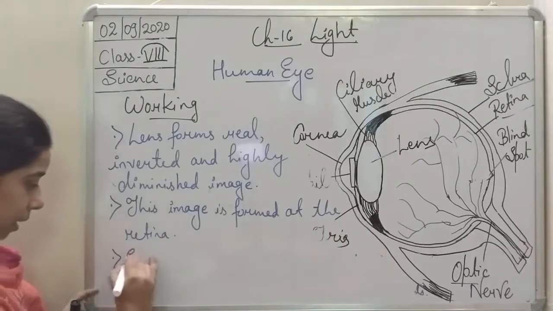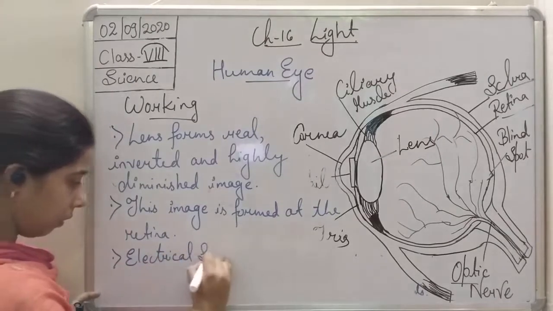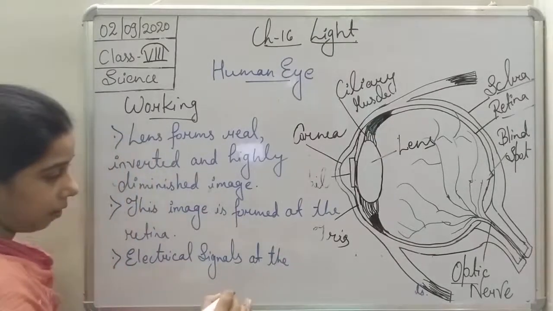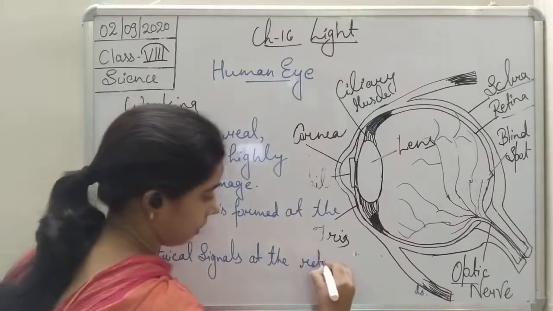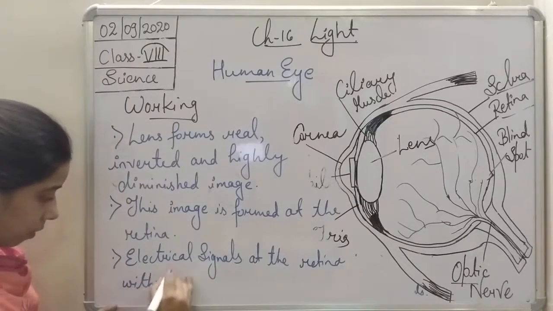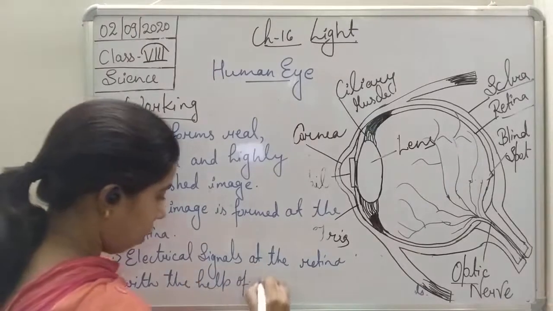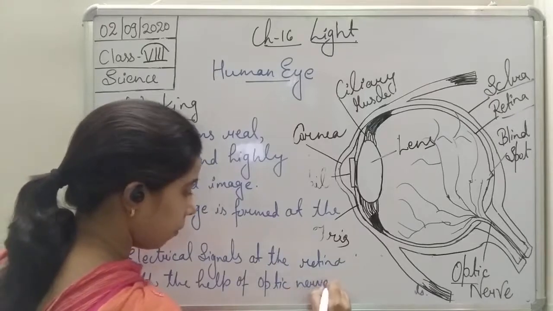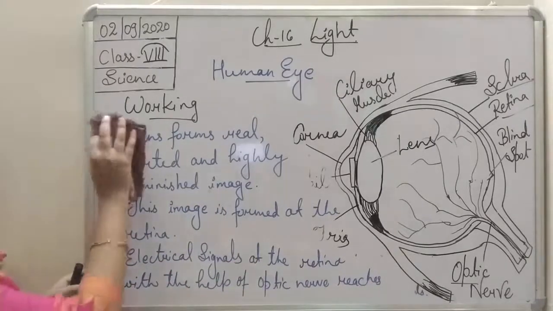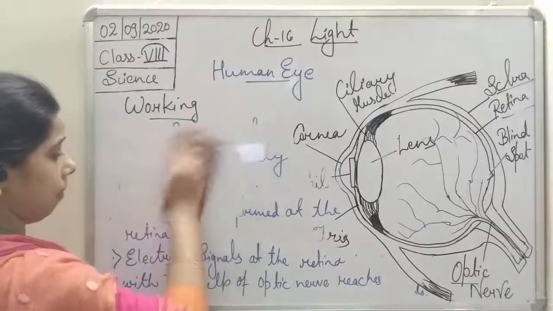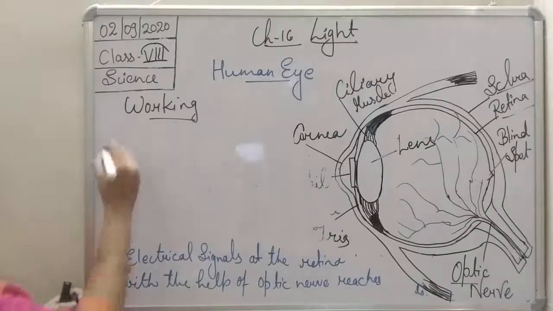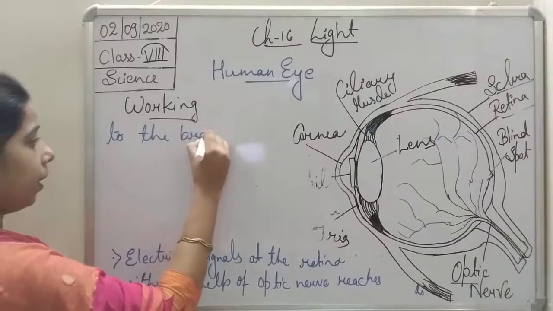Okay, so electrical signals at the retina, with the help of the optic nerve, reach the brain. Reach the brain.